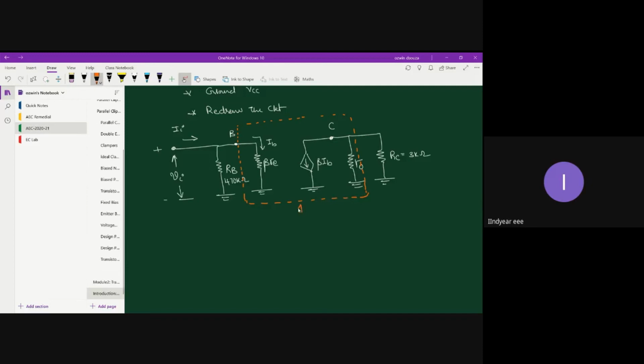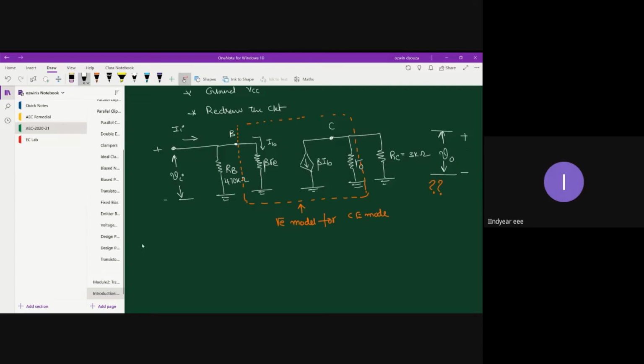This is my re model for CE mode, common emitter mode. Did you understand? Can I go ahead? Yes, sir. So this is my Vo.